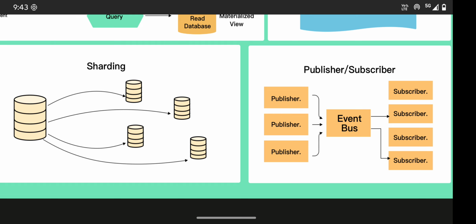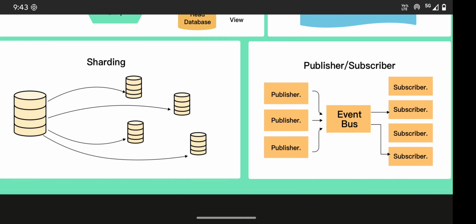If the volume is huge, your applications or database objects may not work properly because of performance issues. If the data is very huge, when you hit a query on a particular database holding terabytes or petabytes of data, it may take a lot of time to render a response.